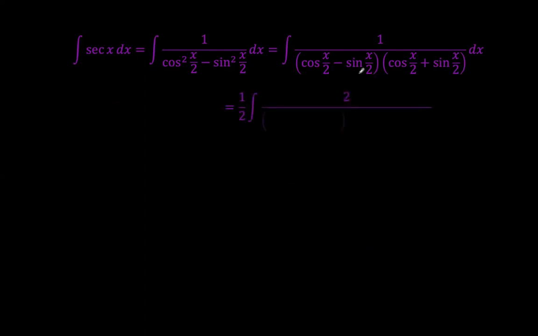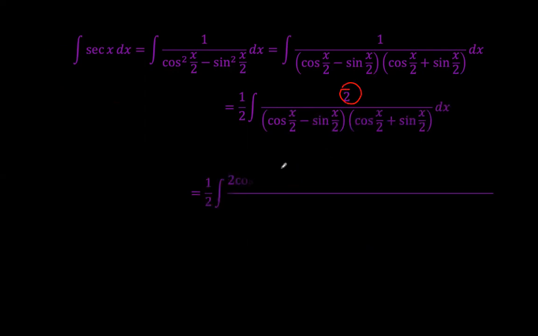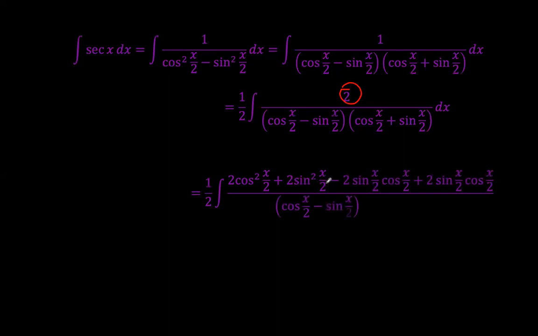And so we can also add a constant half here so that we keep constant 2 in the numerator. Now, this is the same as twice cosine squared x over 2 plus sine squared x over 2, so that this is 1. And then obviously distribute the constant 2 across, so it's 2 cosine squared x over 2 plus 2 sine squared x over 2.